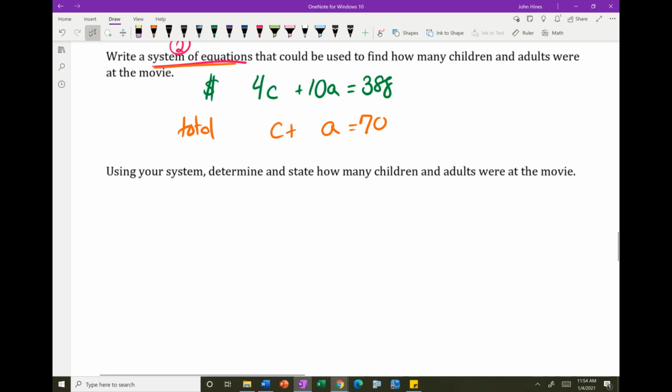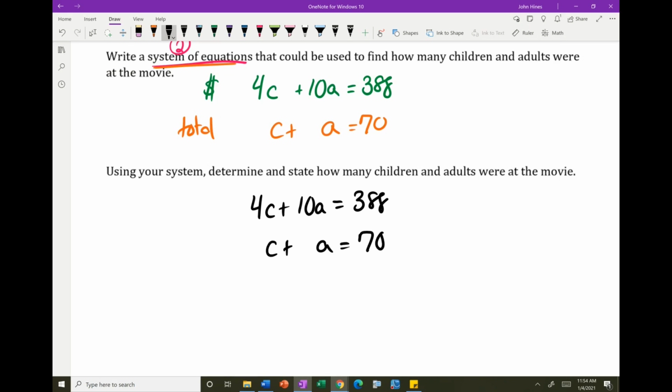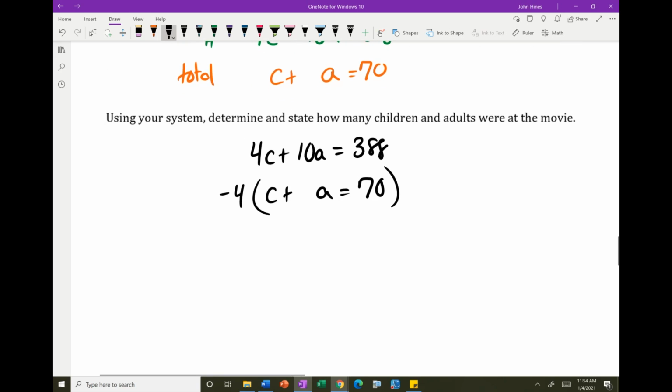Well, let's solve this system. You can do substitution here if you move that A over, right? But let's do some elimination here, and I like doing elimination. I've got 4, so let's multiply by -4 to make opposites. All right, so I didn't touch the top equation. Can't touch this. And the bottom one's getting a -4.